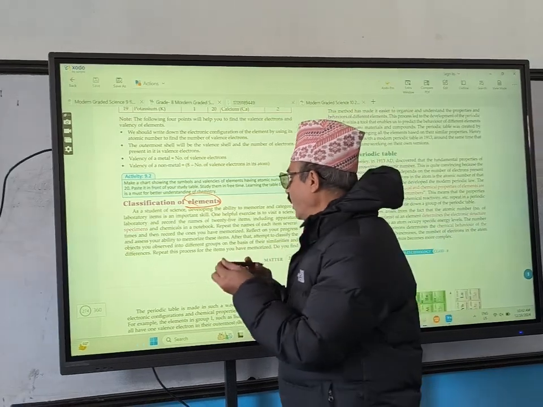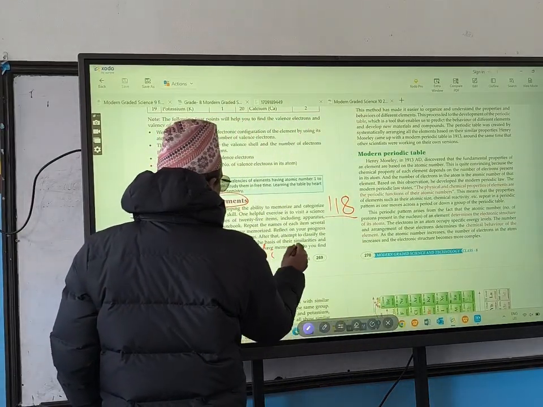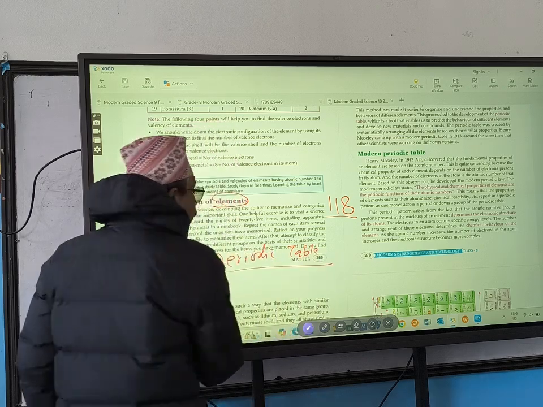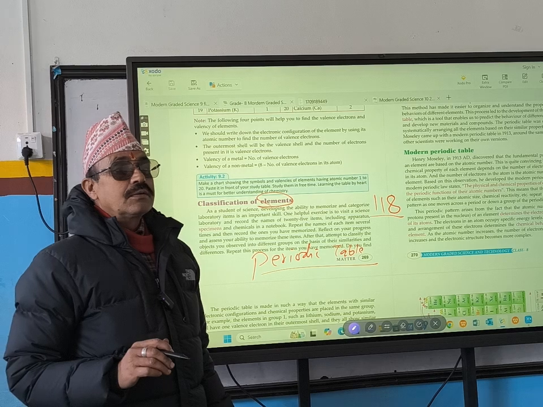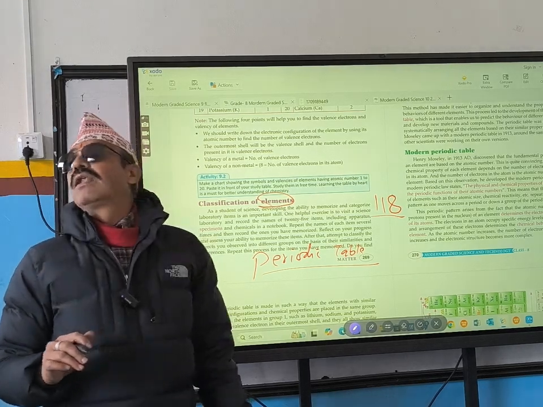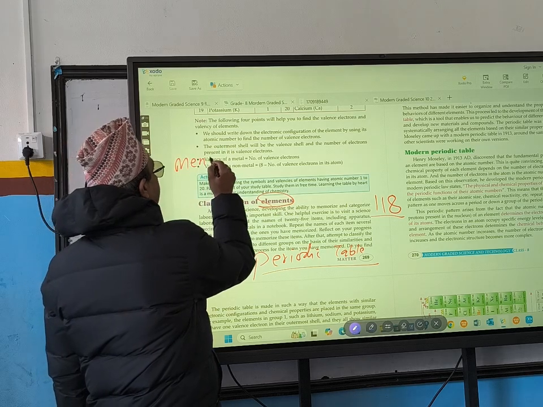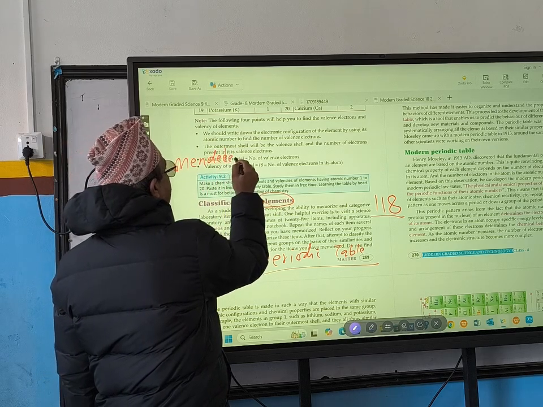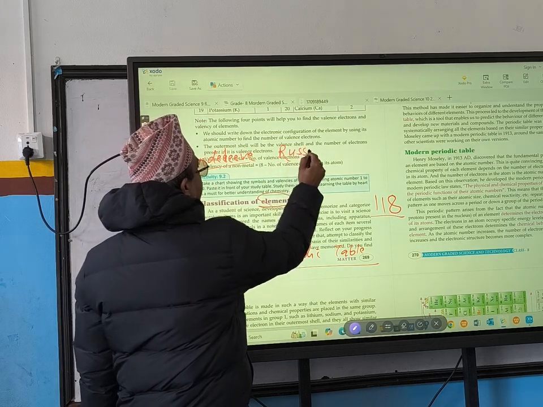What is that table called? Periodic table, that's right. Who designed the periodic table? Mendeleev. He was a Russian scientist.